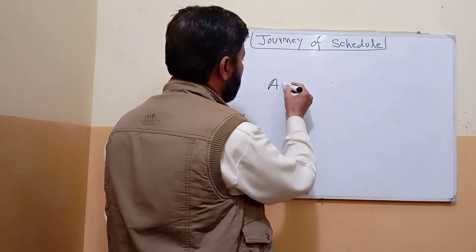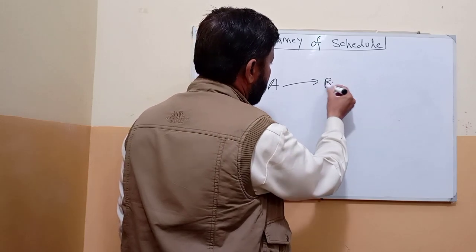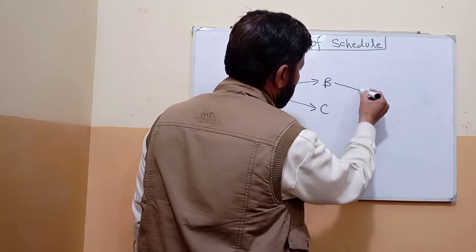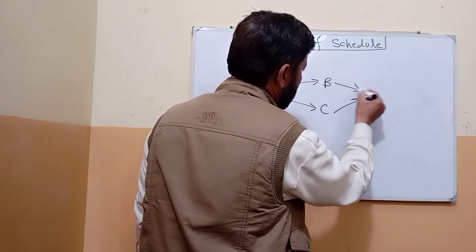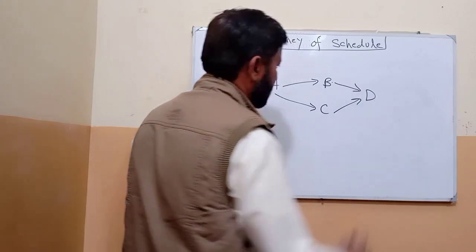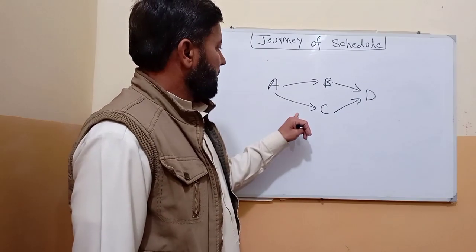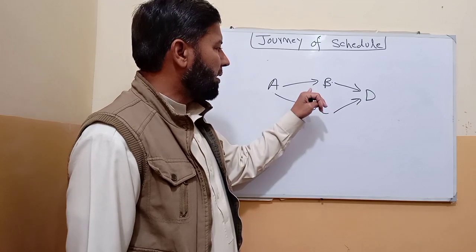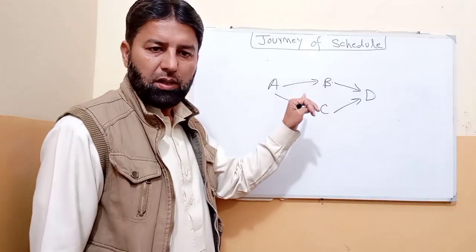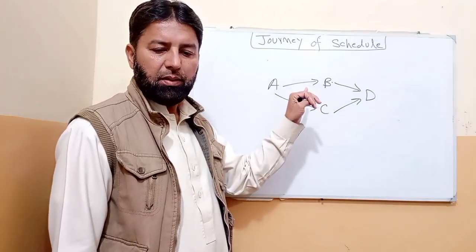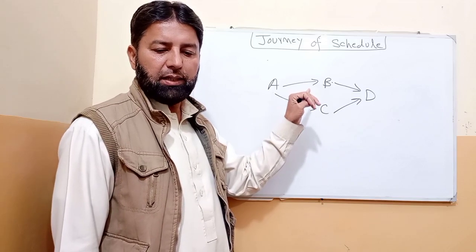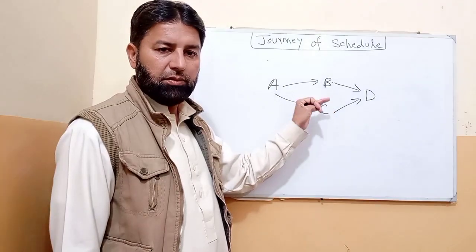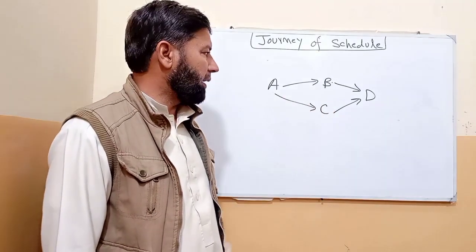Activity A is connected here and activity A is also connected with C. Then these are connected with D. The process by which we connect the activities is called activity on node or precedence diagramming method, and from it we get the schedule network diagram.